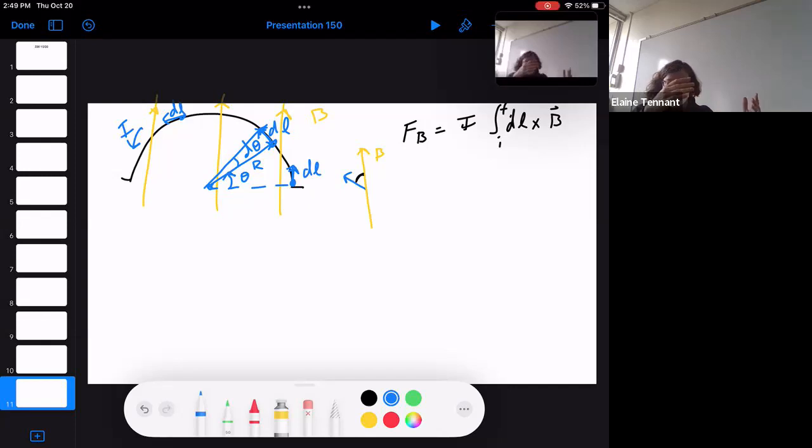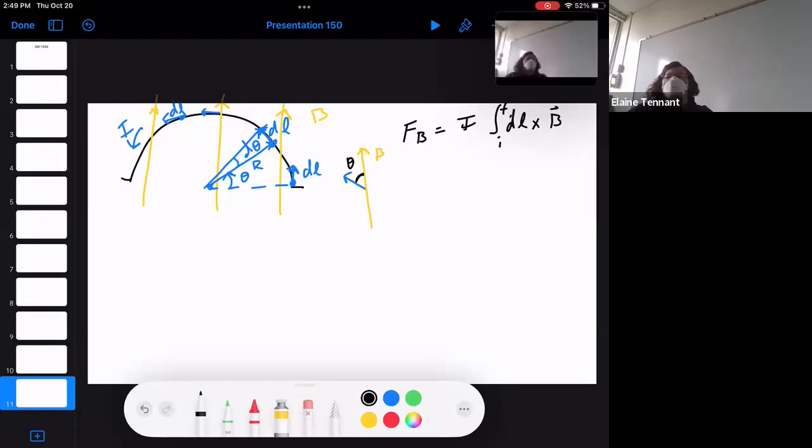So when theta is 0, the angle between my vectors is 0. What about if I chose this dl up here, where theta would be 90? What's the angle between dl and my magnetic field there? 90? We can prove that the angle between my dl and my magnetic field is the same as this angle theta, and I'll be happy to if you want. Or you can just say, we've stuck a few angles in there and it seems to work.